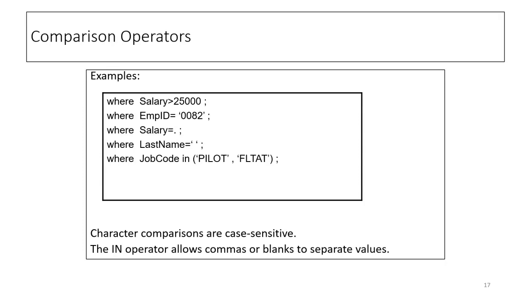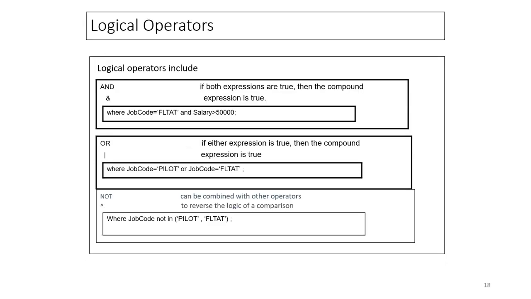Character comparisons are case sensitive, and the IN operator allows commas or blanks to separate values. Now let's see the logical operators. There are three: AND, OR, and NOT. If both expressions are true, then the compound expression is true: WHERE jobcode equals FLTAT AND salary greater than 50,000.